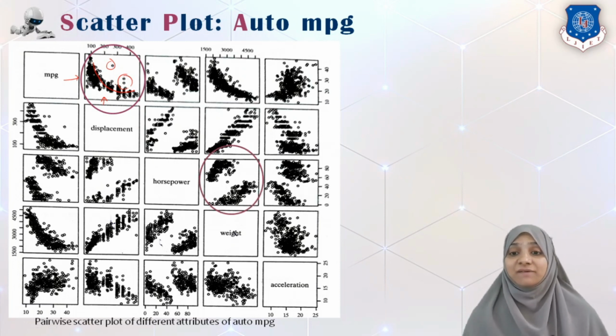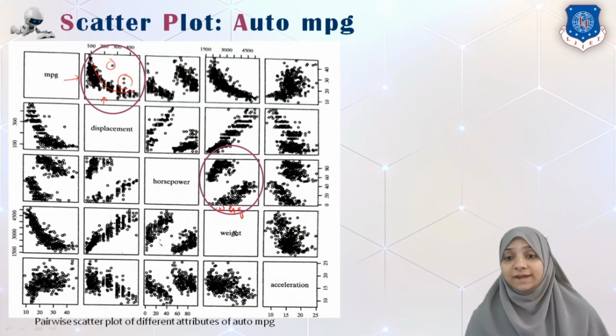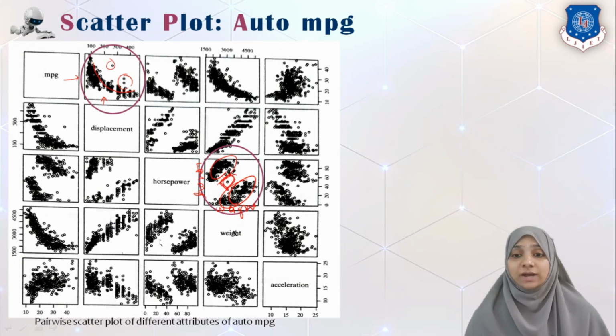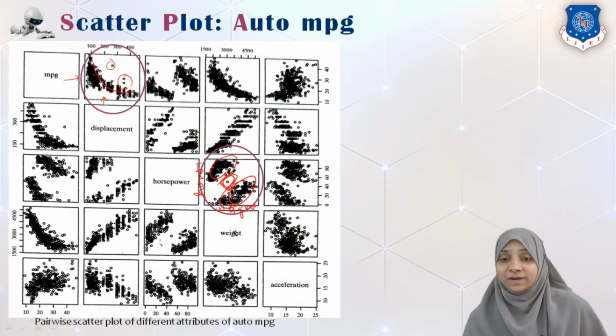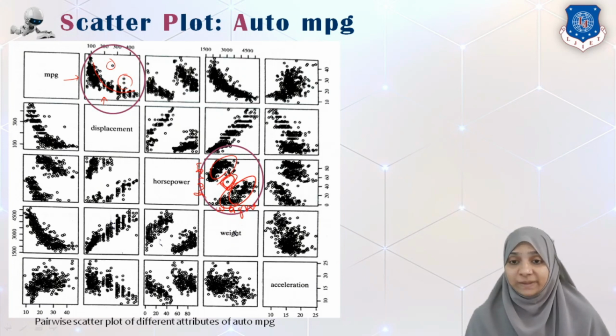Similarly, we can have another graph which has weight on the x-axis and horsepower on the y-axis. Here you can see there are two clusters where weight and horsepower are gathered, and we have only one outlier. So two groupings can be found which show some relationship between horsepower and weight, and one sample is not fitting in either grouping.